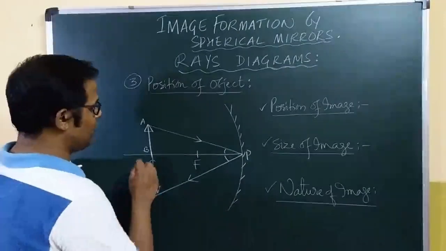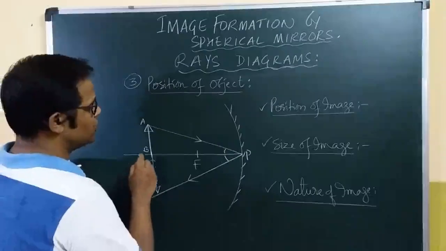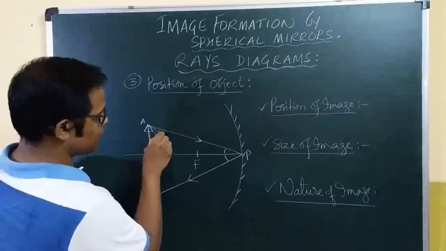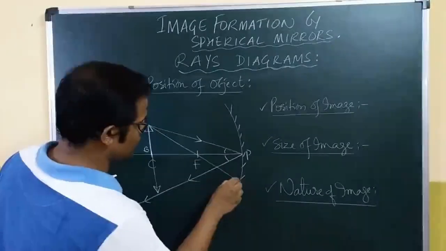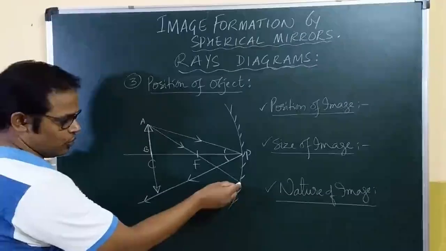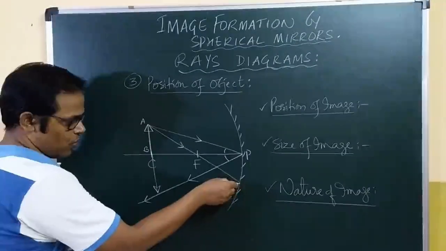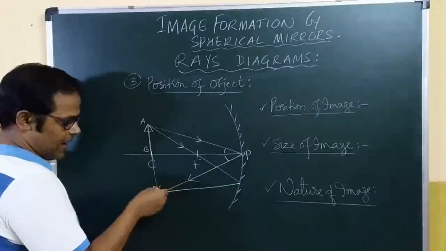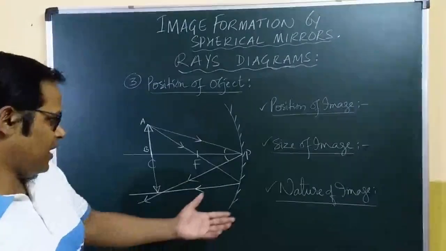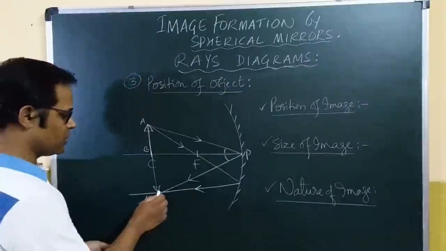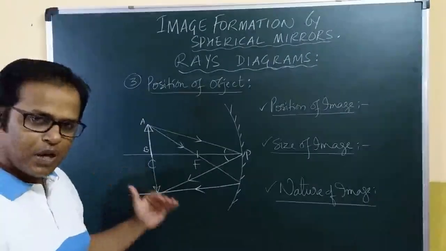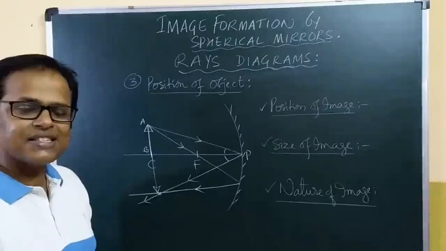I can use any principal ray I wish. So let me just show you a principal ray which is, suppose, passing right through the focus of the mirror. So definitely by rule, this ray has to go parallel to the principal axis, and make sure in your ray diagram you make the rays intersect at one common point, which has to be almost below the principal axis.